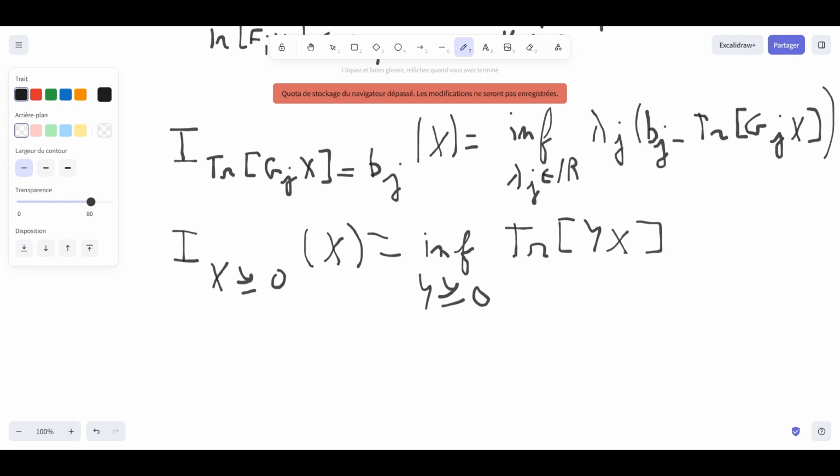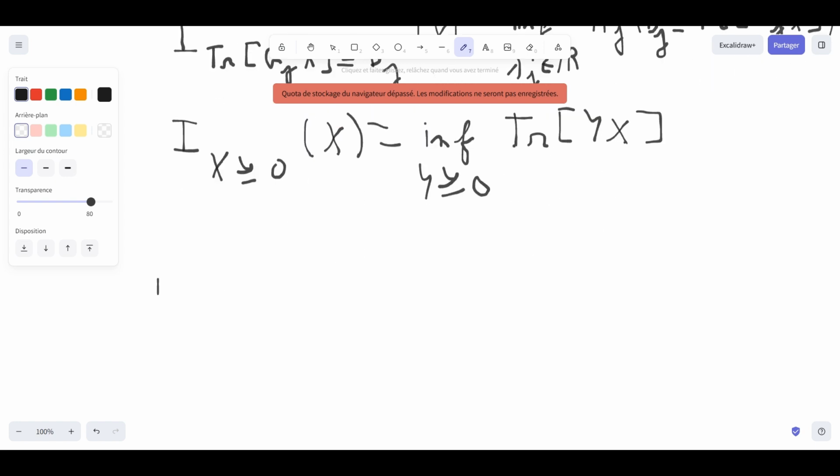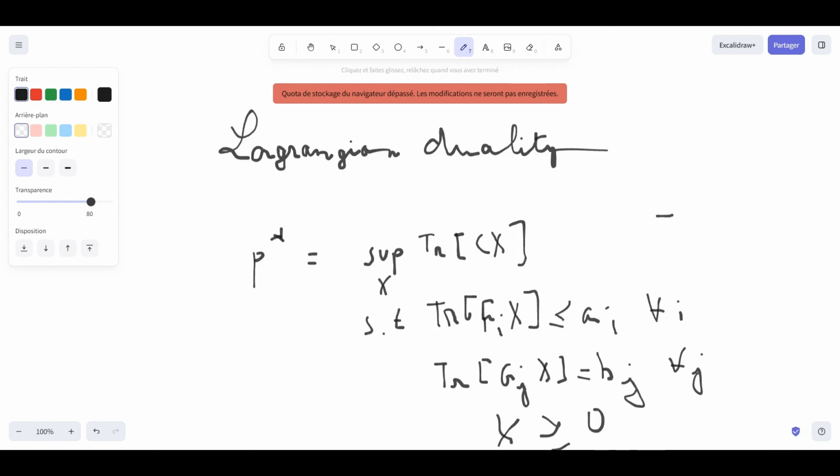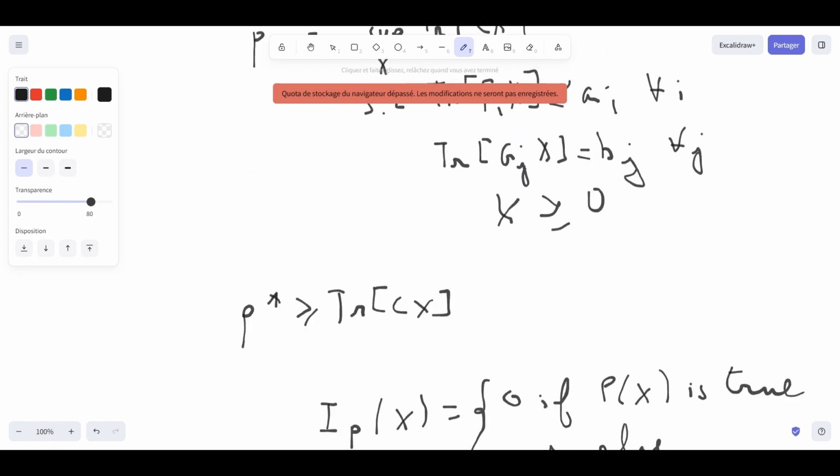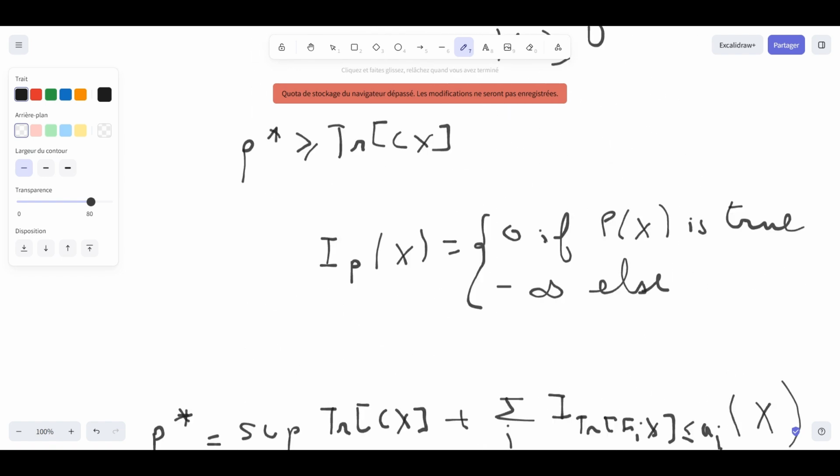Okay, so now we have our new problem, which is p star is equal to, so we just write it as before, but we'll replace all of this.